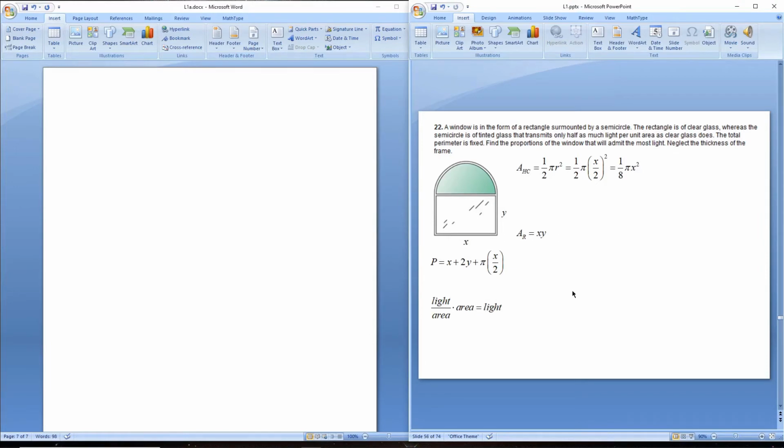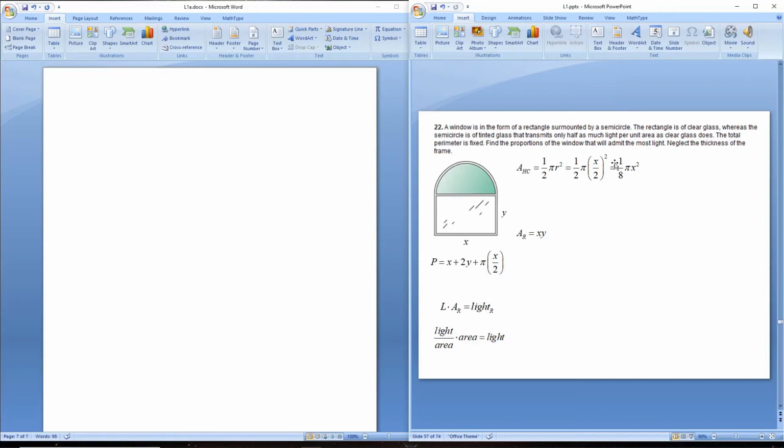Let me just scroll up really quick here and grab this. So that would be the light from the rectangle. It's some L value, whatever light per area means, times our area will get us our total light coming out of that.